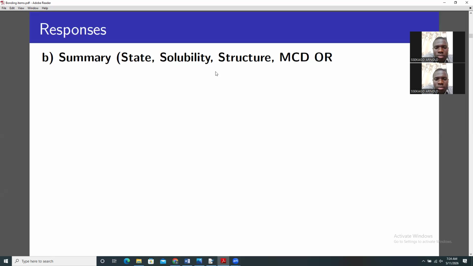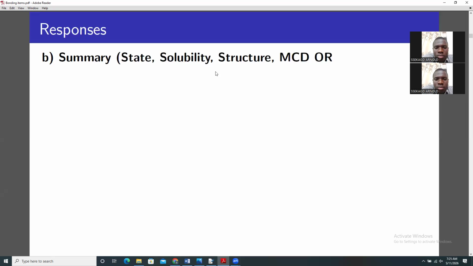So to list or to give or to explain or to state properties of an ionic compound, a covalent compound, or a metal, we shall generally refer to this acronym here. This summary is going to help us dissect properties of those substances in general.